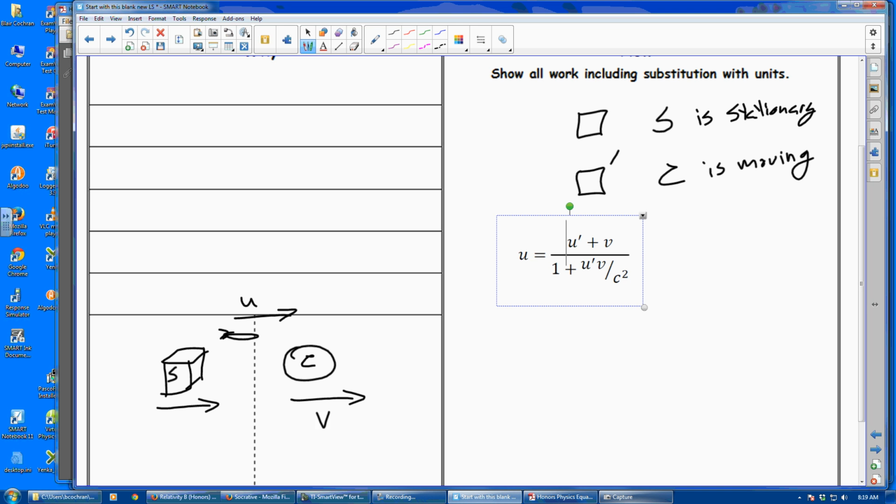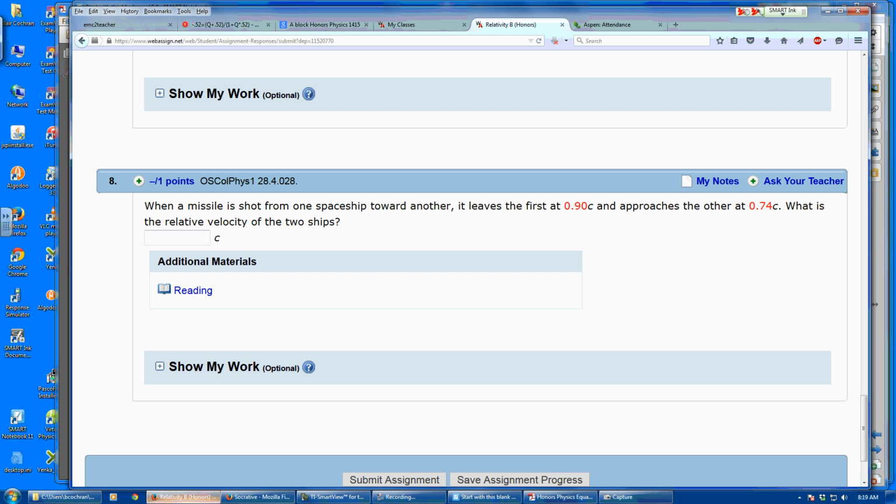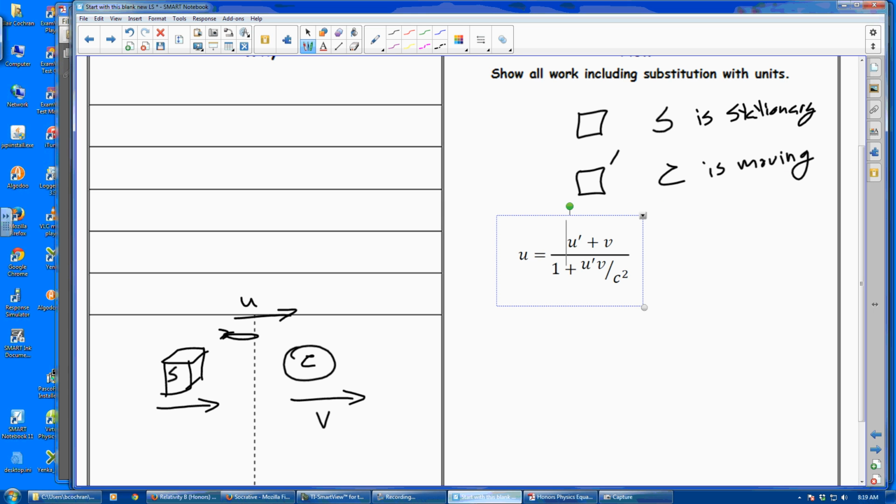So u would be the speed of the missile from S, and they tell us if S is the one that fired it, it leaves at 0.9 c. So u for me is 0.9 c.